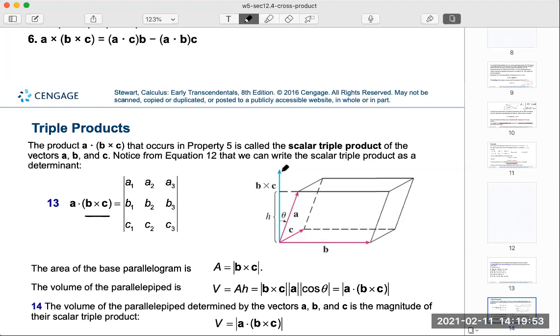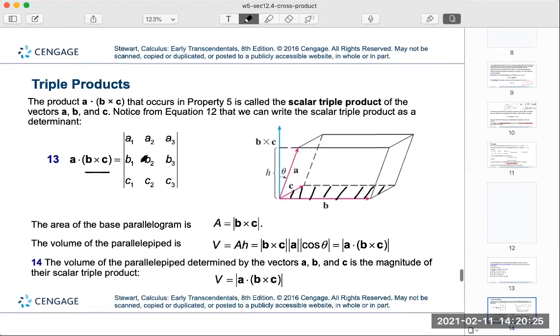The vector B cross C will be this vector. It's perpendicular to both. So you see that they draw a straight line up here, right? B cross C is perpendicular to B and C here. And the magnitude of B cross C gives us the area of this parallelogram, right? Okay. Please go home and read ahead on this triple product, and next time we'll continue.